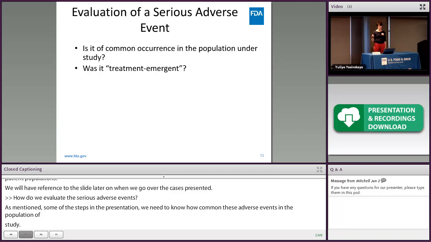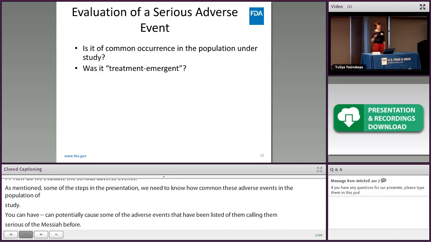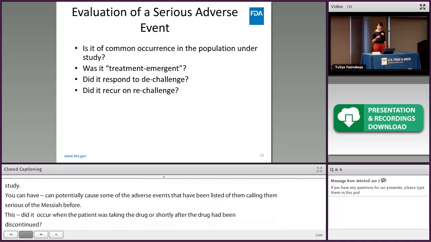Means did it occur when the patient was taking the drug, or shortly after the drug had been discontinued? Also, whether the adverse event had responded to the challenge, to drug discontinuation or reduction of the dose. Did it recur on rechallenge?